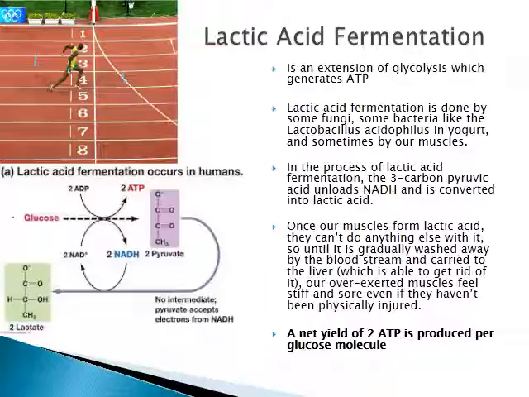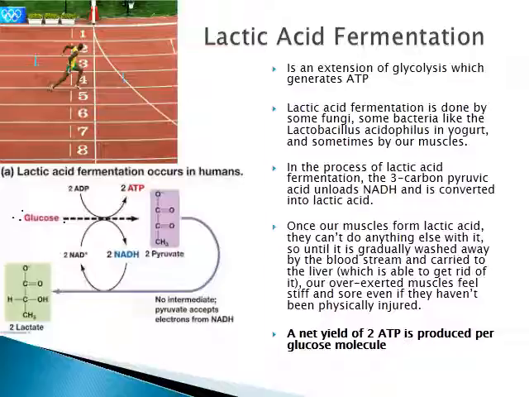So we start with glucose, and because it's a modified glycolysis, the glucose is broken down into 2 pyruvate, just like normal glycolysis. And by breaking glucose down into 2 pyruvate, we produce 2 ATP and we produce 2 NADH. Now here's where it changes.